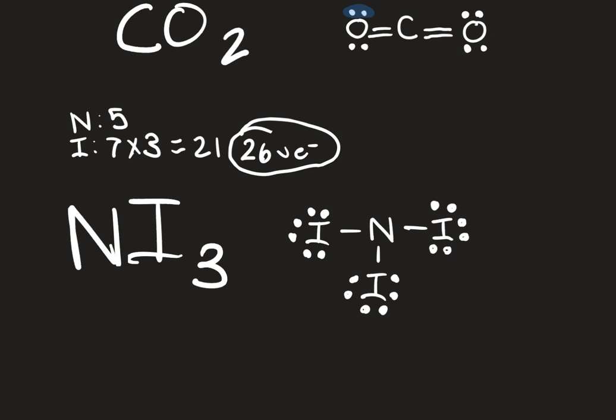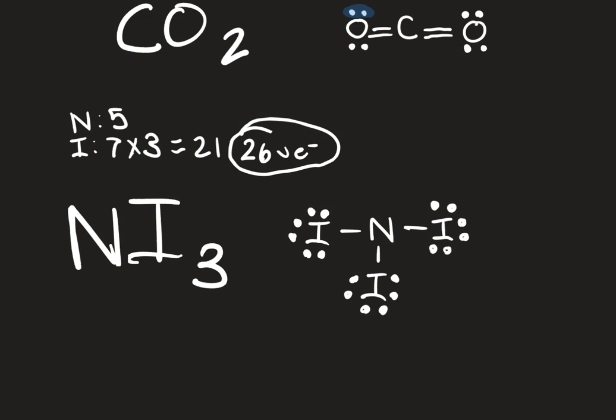Right now, only iodine has a full octet. 1, 2, 3, 4, 5, 6, 7, 8, 9, 10, 11, 12, 13, 14, 15, 16, 17, 18, 19, 20, 21, 22, 23, 24. So right now I've used 24.